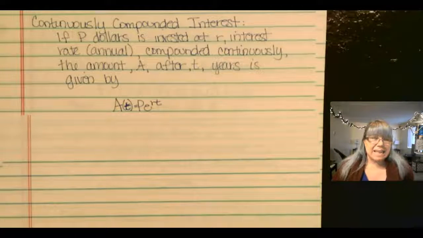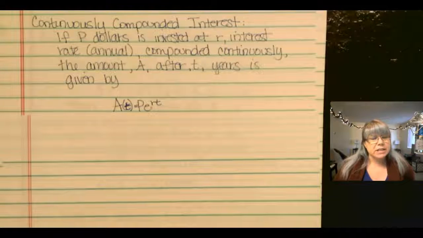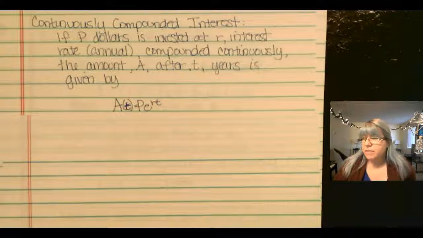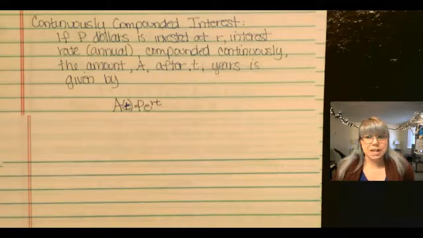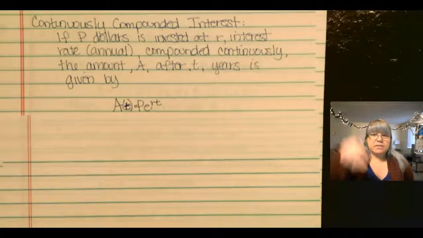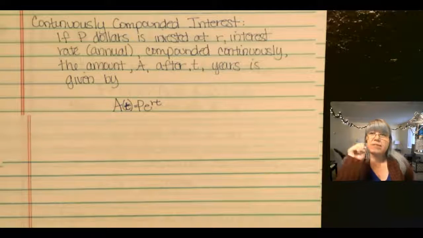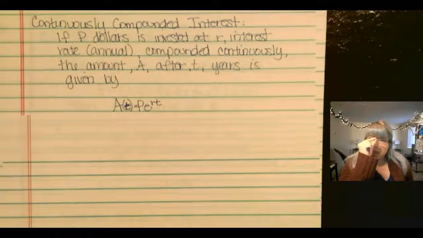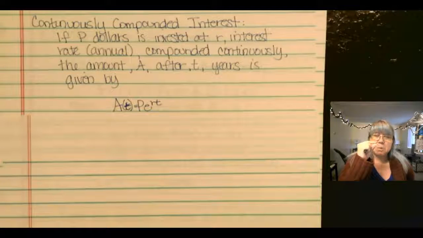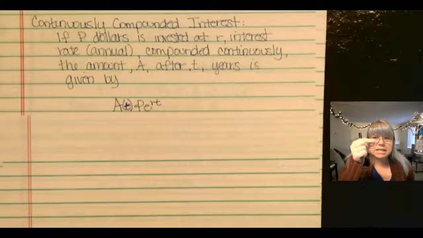So when I said that e was useful for financial functions, remember that compounding interest? Well, we have a formula if we continuously compound interest, meaning that every second of the day we're putting the money back. After that very first second, you get a microscopic amount of interest added to your account. And then the next moment, it grows extremely slowly.